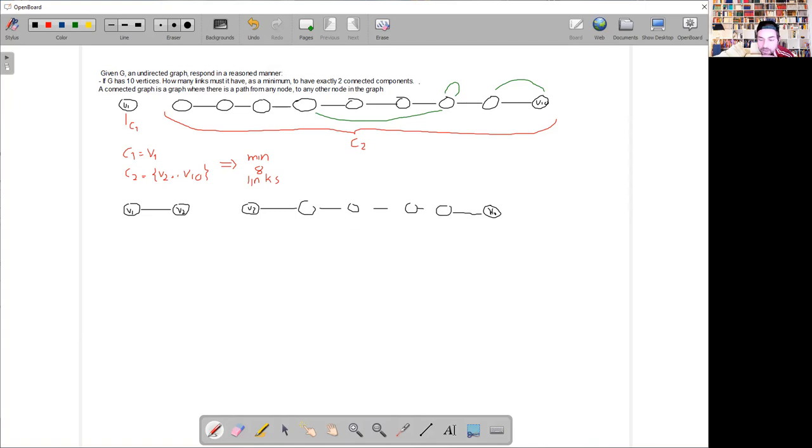I think I will draw them all so the picture is more clear. I need to draw 6 vertices here. 1, 2, 3, 4, 5, 6, right?